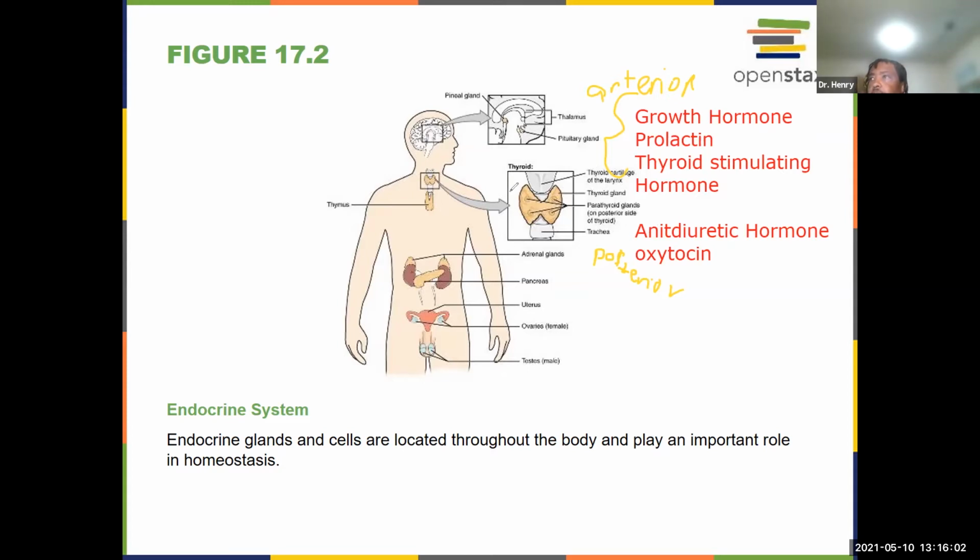So like the thyroid, this over here. In the thyroid we have thyroxine. We have triiodothyronine.